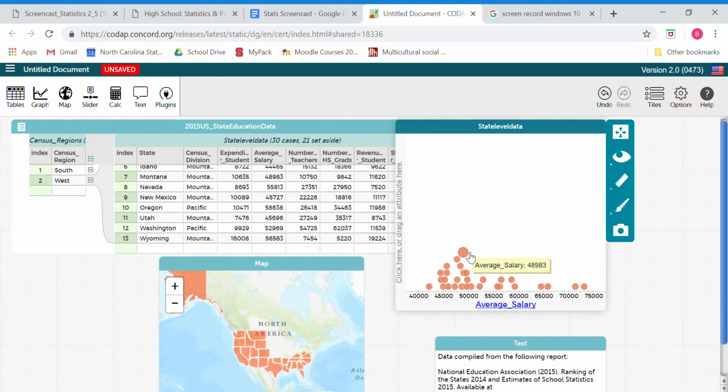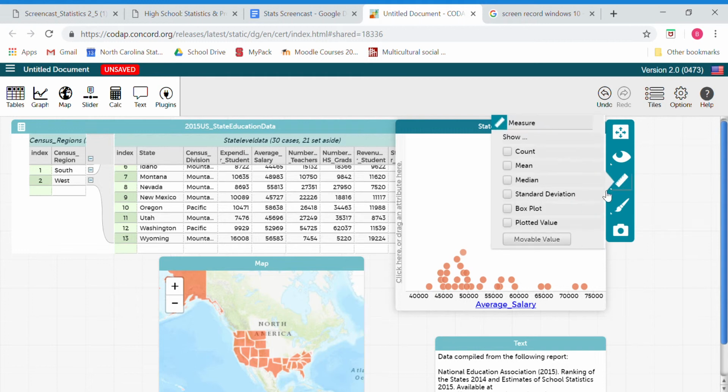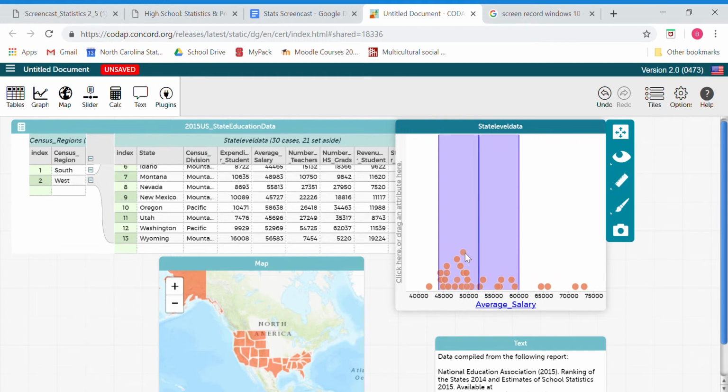And you'll notice that it's kind of skewed towards the right. You can definitely see that when you have the mean and standard deviations on there. You can see that the mean is not really at a point where the peak of the data is, obviously because the outliers are pushing it out. So this is where the mean is.